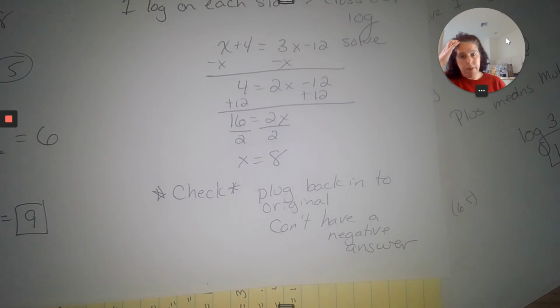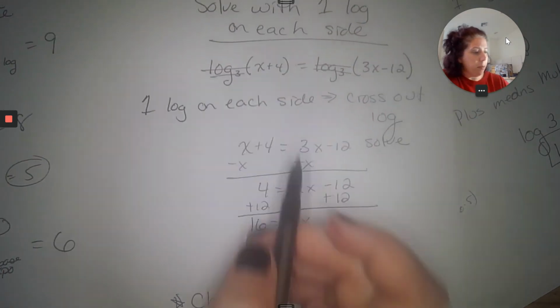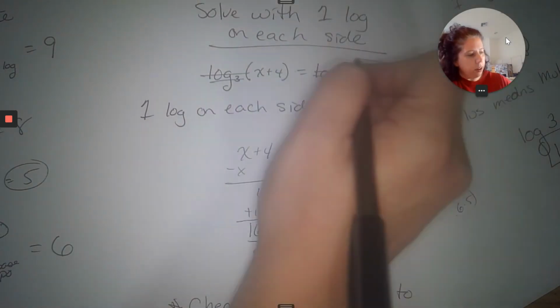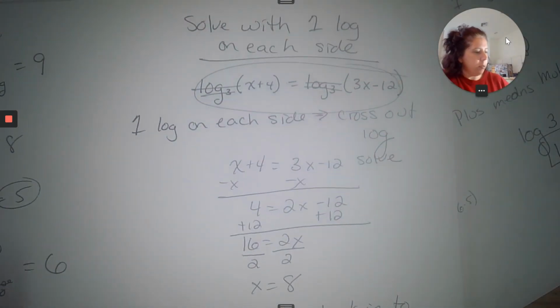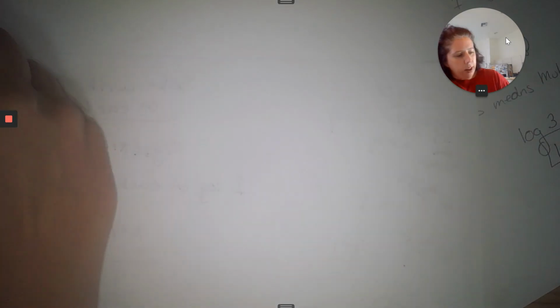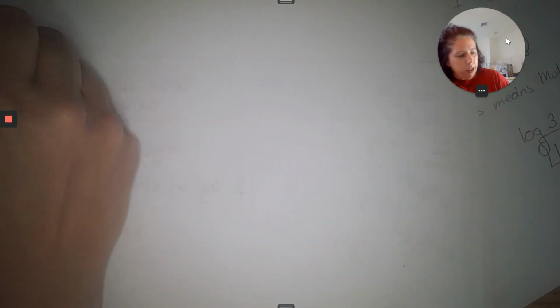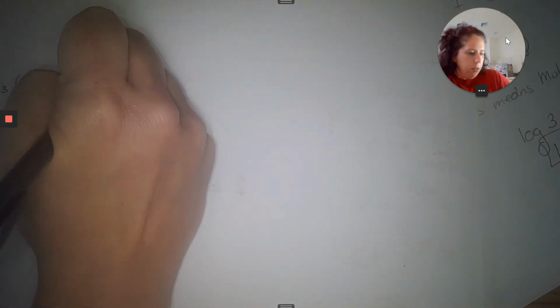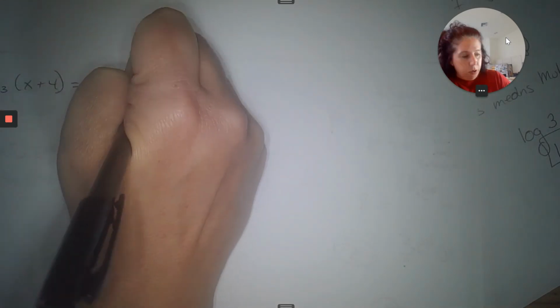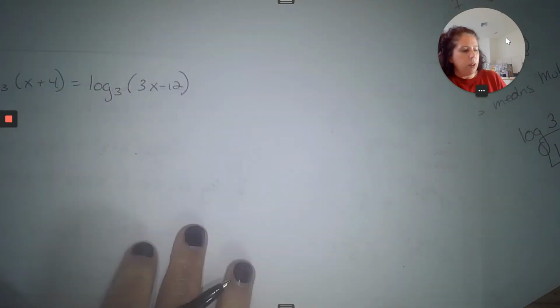Okay, so you can't have a negative answer. Now, I don't want to flip the page, so let me just flip it. We had log base 3 of x plus 4 equals log base 3 of 3x minus 12.